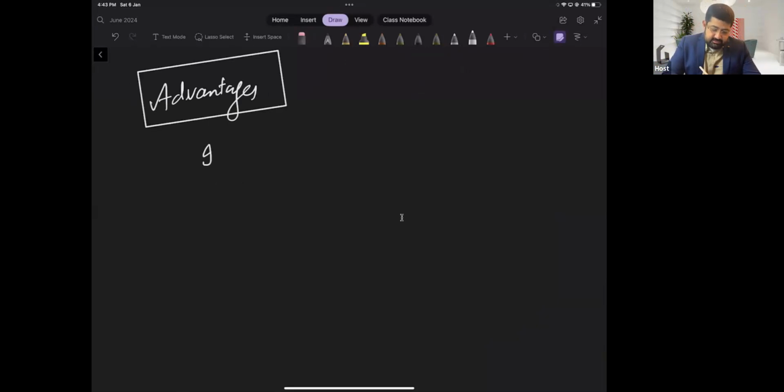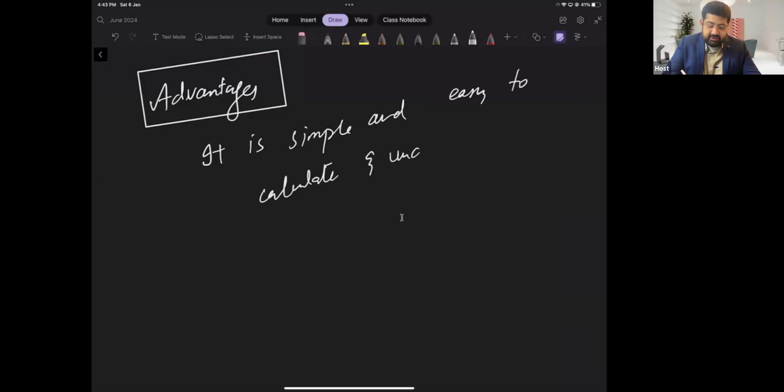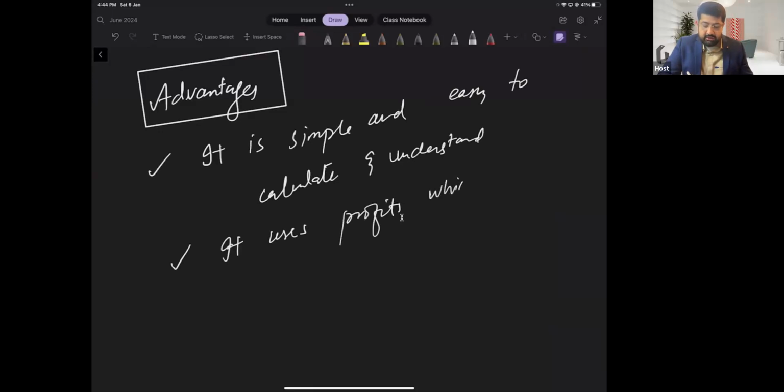Students, it is simple and easy to calculate and understand as well. Very easy. First, it uses profits which are readily available. Yes, readily available profits data.